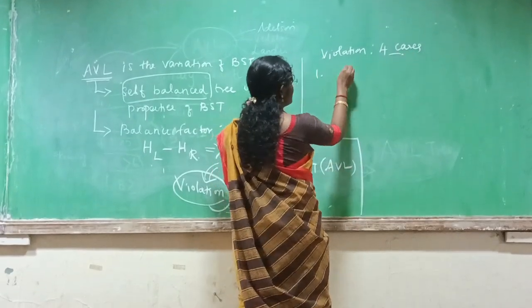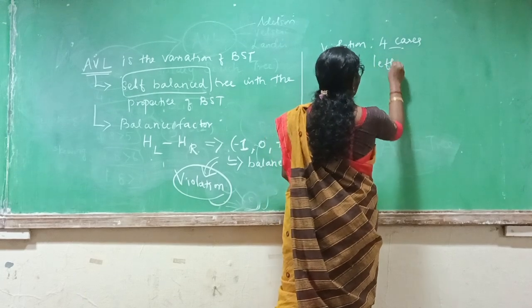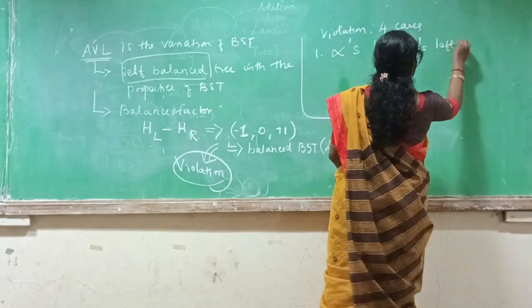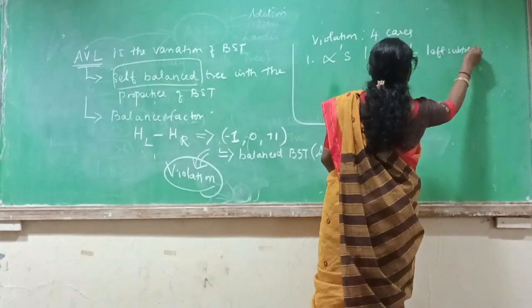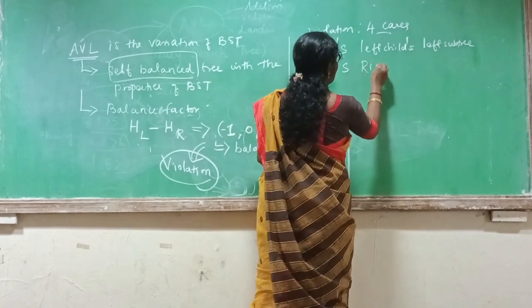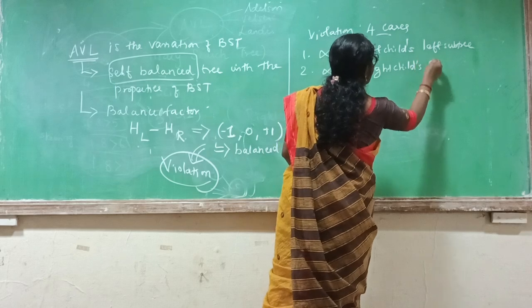Case number 1 is alpha's left child's left subtree. Violation number 2, alpha's right child's right subtree.